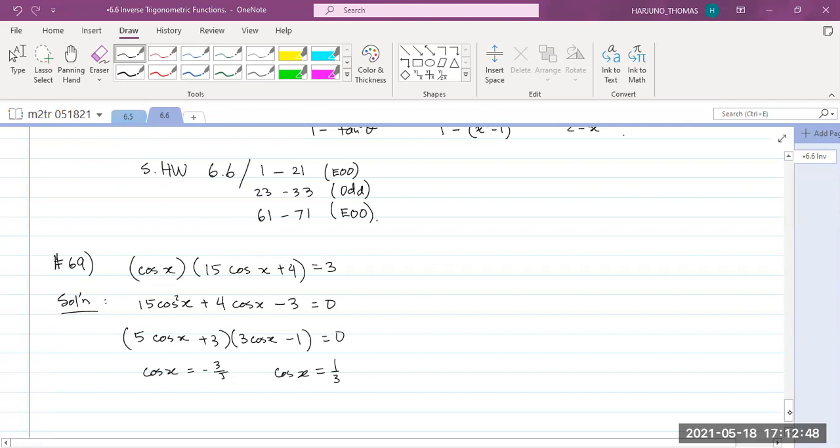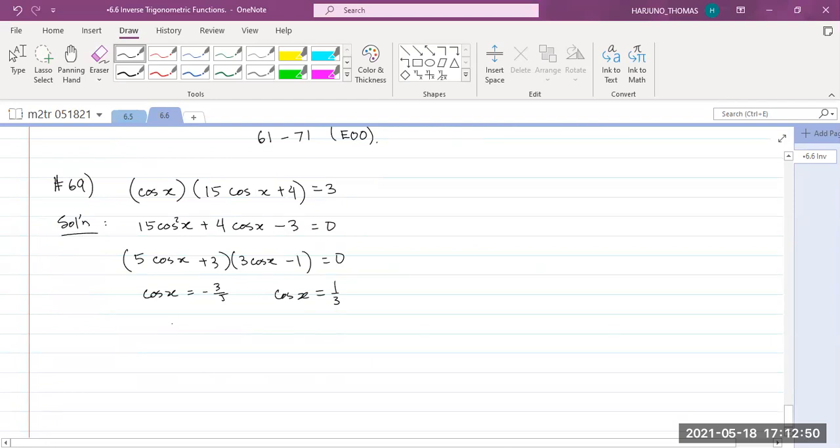Now from here, do not say that x equals cosine inverse of negative 3/5. Don't say it that way. Why? Because then you will get only one answer, only in quadrant 2. But we know there are two solutions in the interval from 0 to 2 pi.